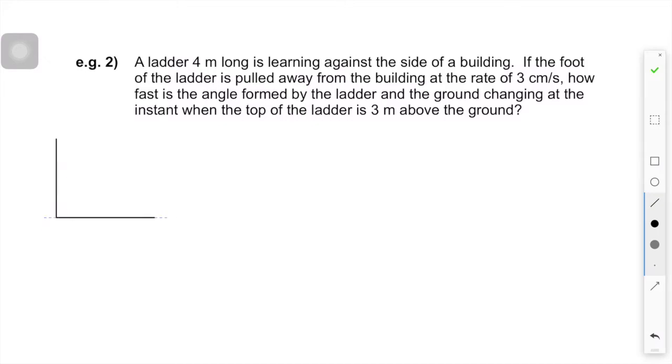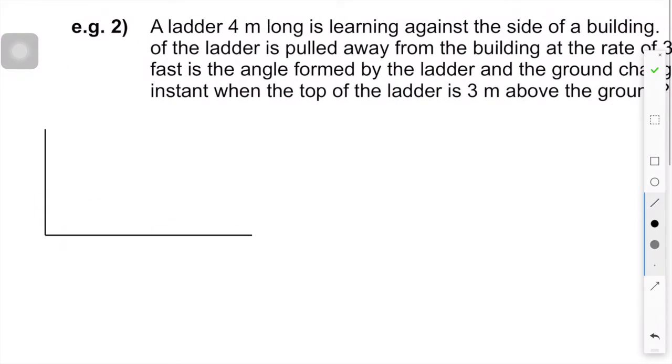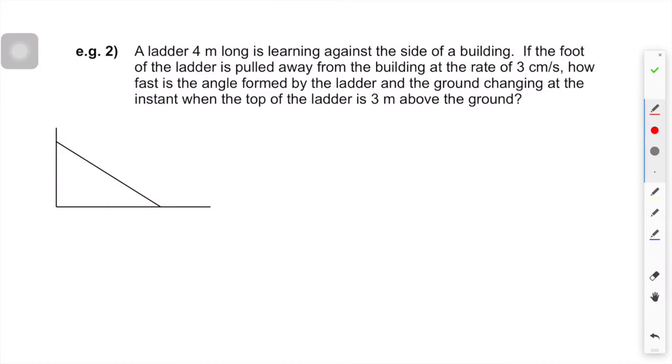So here's the wall and the ground, and here's the ladder. Let me make it a little longer. That's better. All right, so let's put our labels on this diagram again. The ladder itself is 4 meters long.